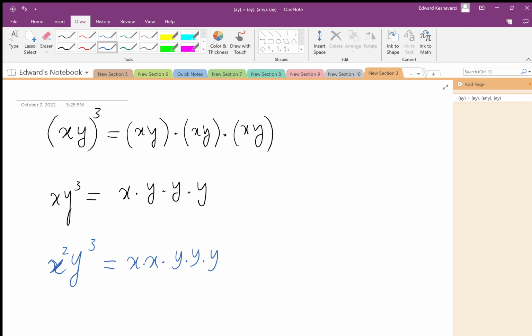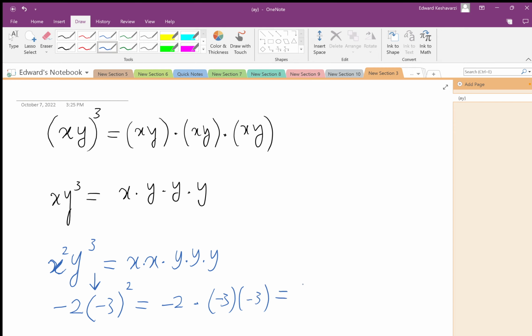So we can have numerical examples as well. So we can have negative 2 times the bracket of negative 3, to the power of 2. Since the bracket ends here, it means 2 does not apply to negative 2. Negative 2 is just there. So we can write it as negative 2 times negative 3 times negative 3.